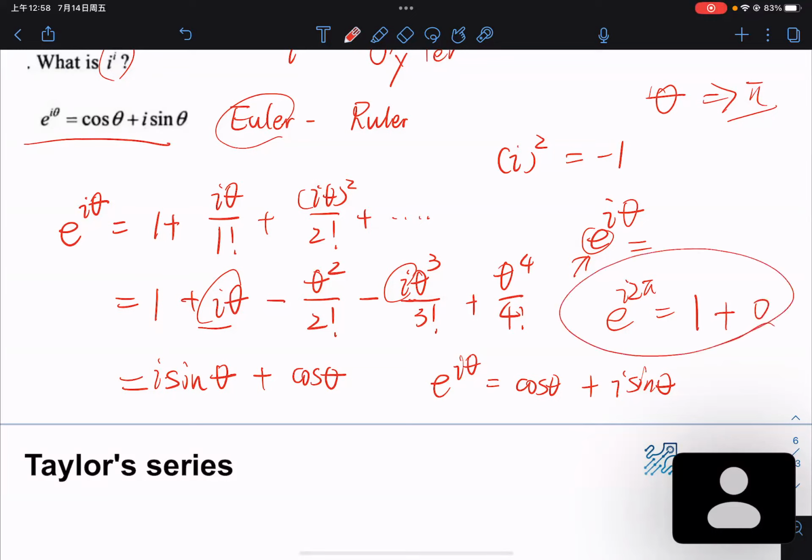So all the basic elements in math are put together into one formula in a super elegant and simple way. And it's balanced, okay? That's why this Euler's formula is so classic.